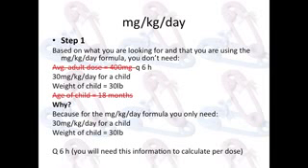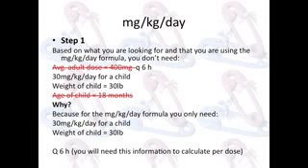Step 1. Based on what you are looking for and that you are using the milligram per kilogram per day formula, you don't need the average adult dose, which is equal to 400 milligrams. You might need the every 6 hours portion of that to calculate the per dose.